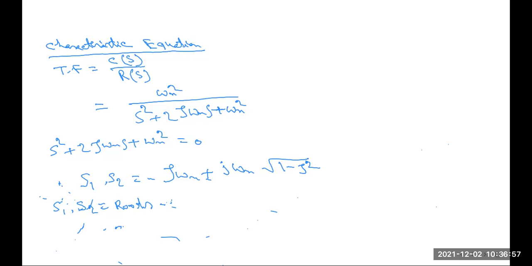So in that case, we have to learn the transient response. When you consider the transient response of the second order control system, we have to learn some other terms.